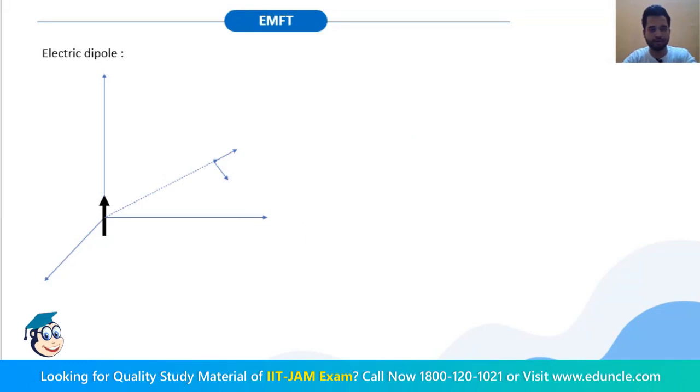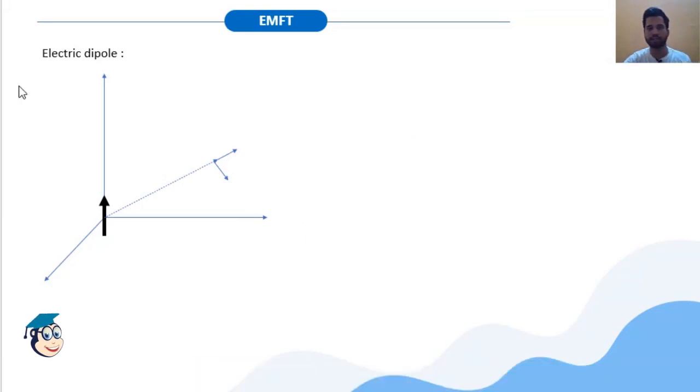Okay, so I have drawn a coordinate system in front of you. This is the x-axis, this is the y-axis, and the third one is obviously the z-axis. The vector at the origin is nothing but a dipole p vector.